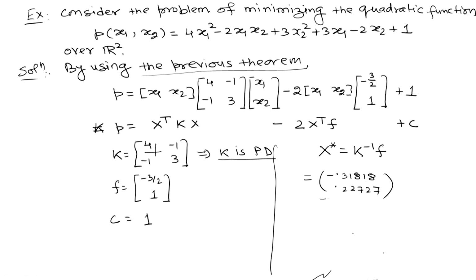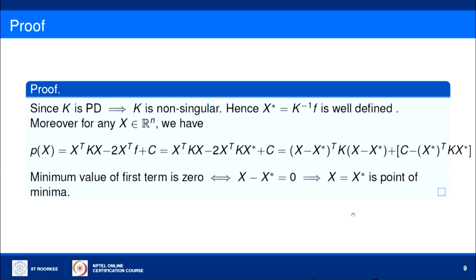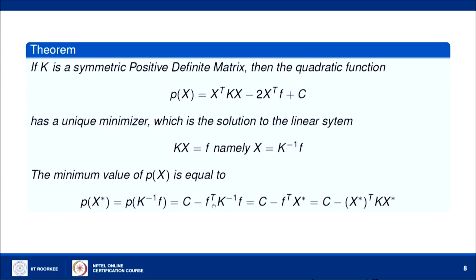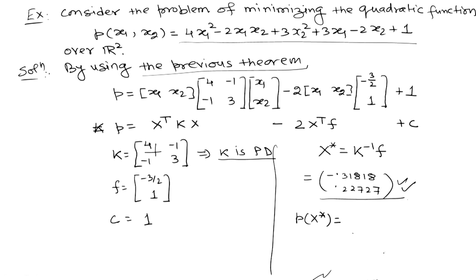So, this is the point at which the minima of this function exists, and the minimum value can be calculated using any of the expressions of this theorem, either c minus f transpose K inverse f, or c minus f transpose x star, or c minus x star transpose K x star, where x star is given by this vector, and this minimum value is 13 by 44.